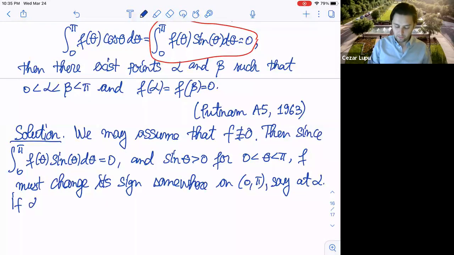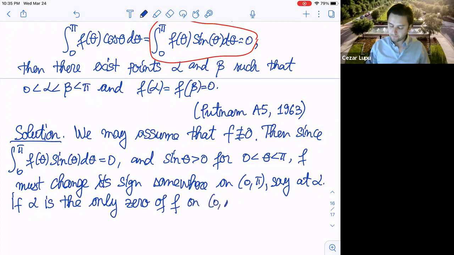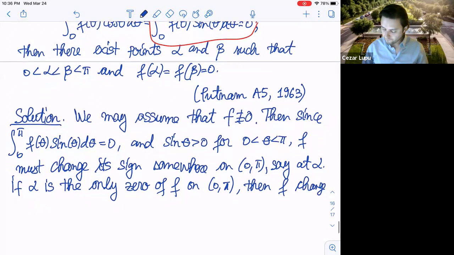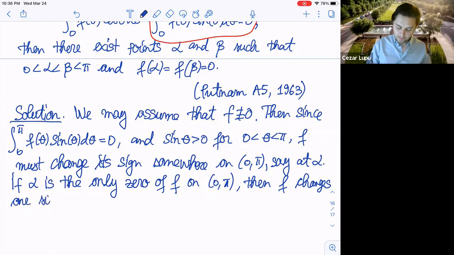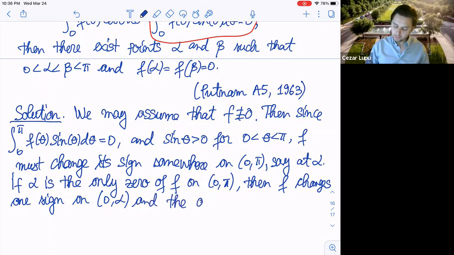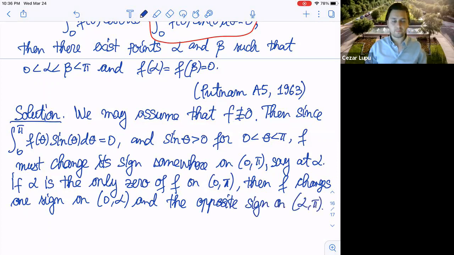If alpha is the only 0 of f on 0 pi, then f changes one sign on the interval 0 alpha, and the opposite sign on alpha pi. Okay, that's great.